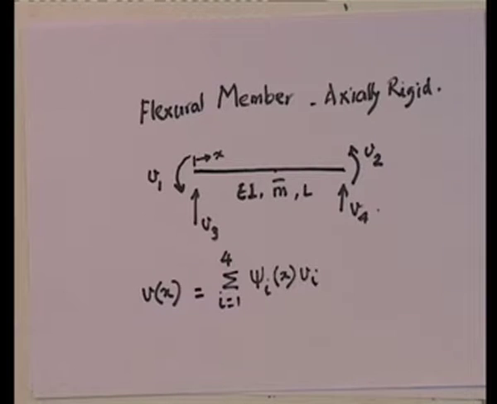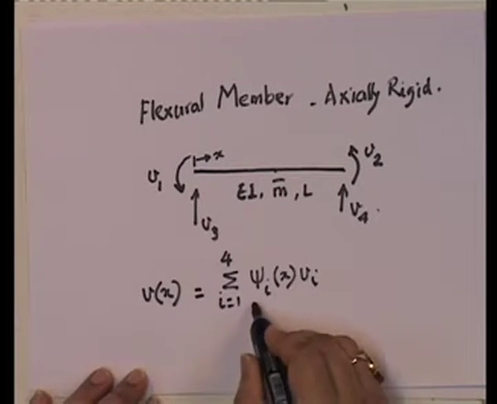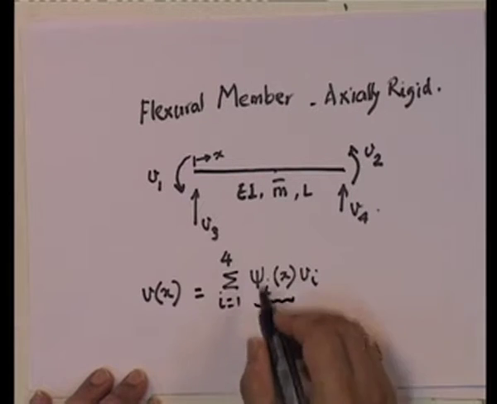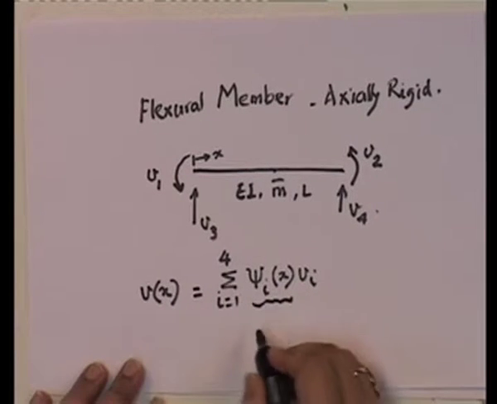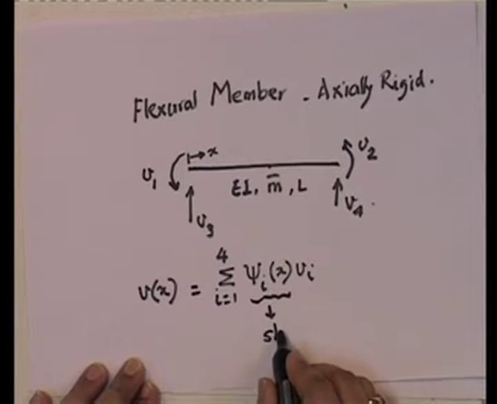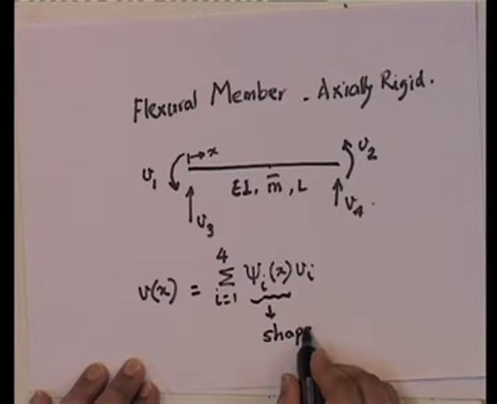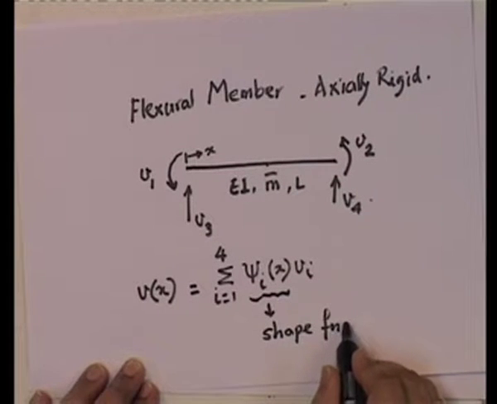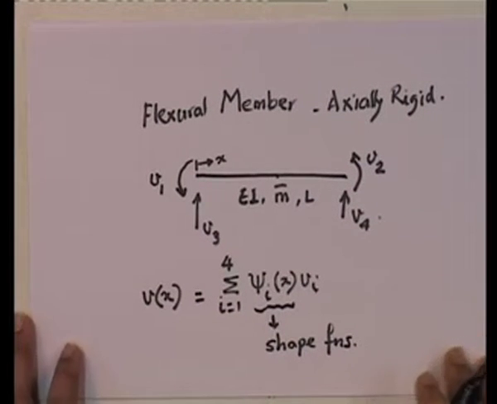This is what we say is V of x, where the psi i that I have here are nothing but the shape functions.